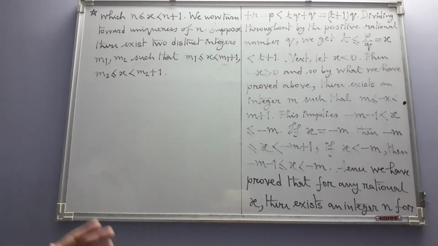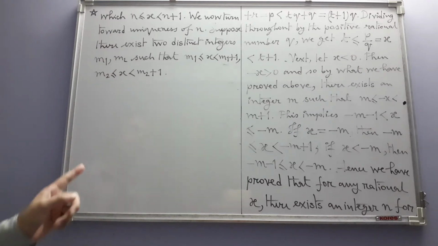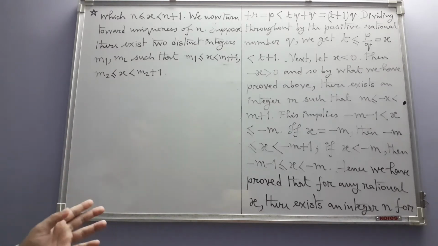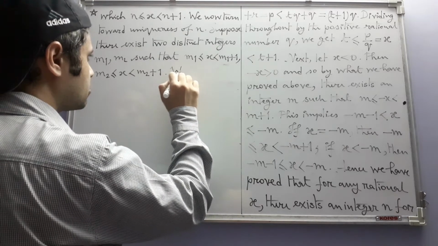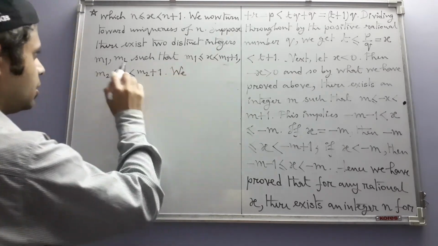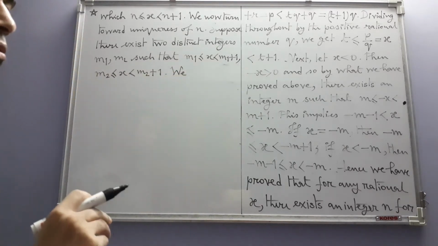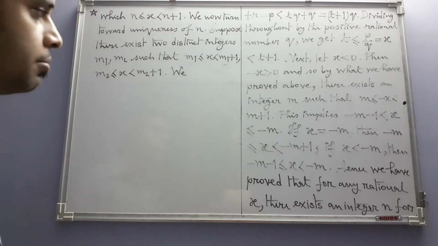So we have supposed that no, such an n is not unique. We now want to derive a contradiction. So because we have supposed m1 and m2 to be distinct, one of them will be less than the other.